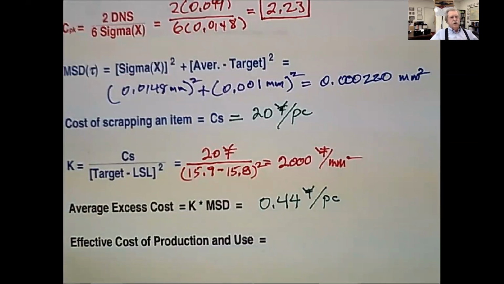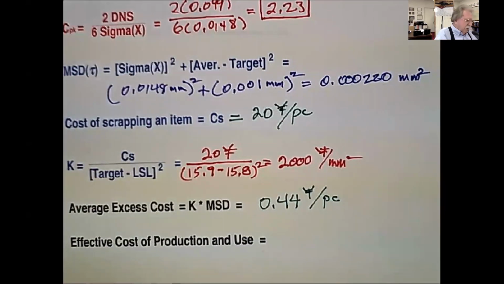That's the excess cost. In this case, since they really don't have any scrap, they don't have any non-conforming, this is the cost of variation. The cost of things not all being exactly alike.